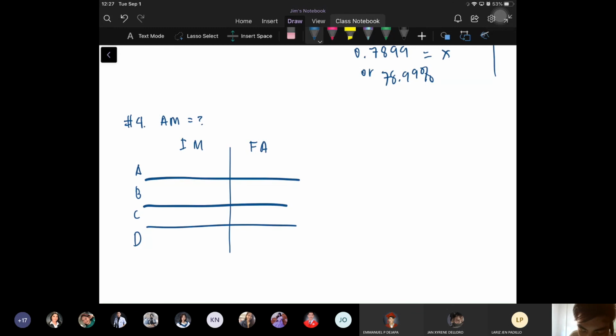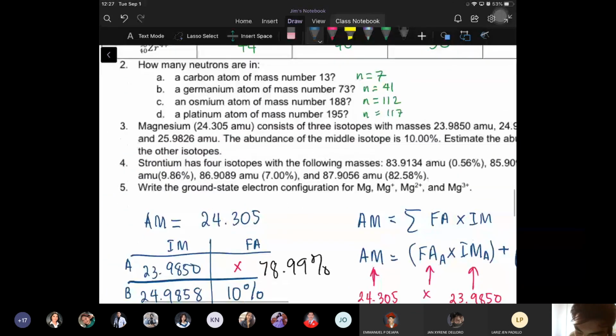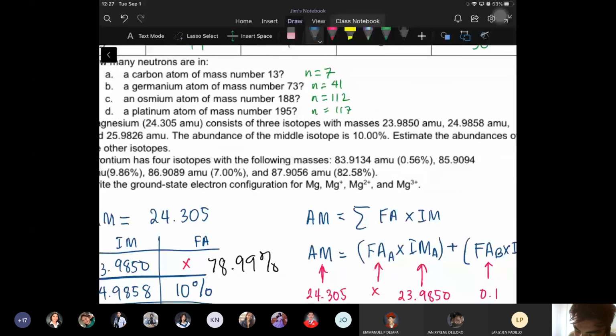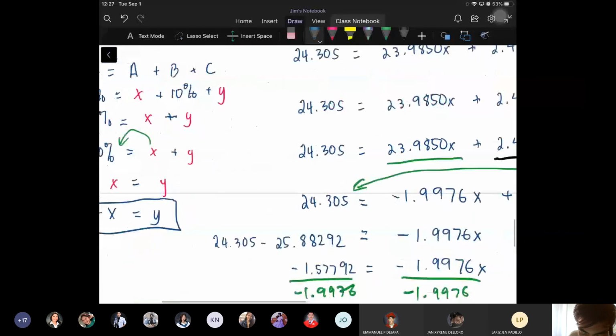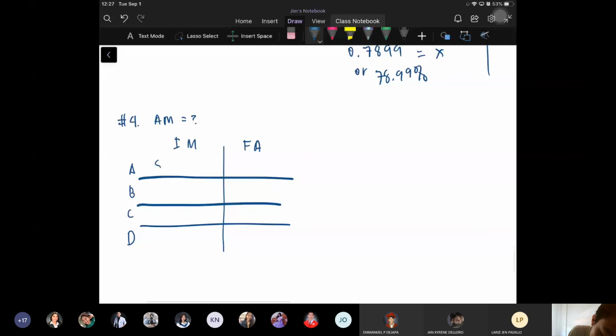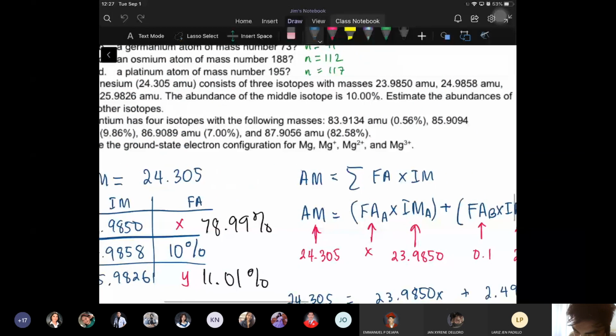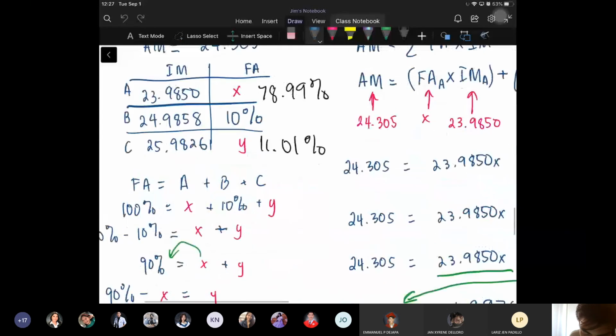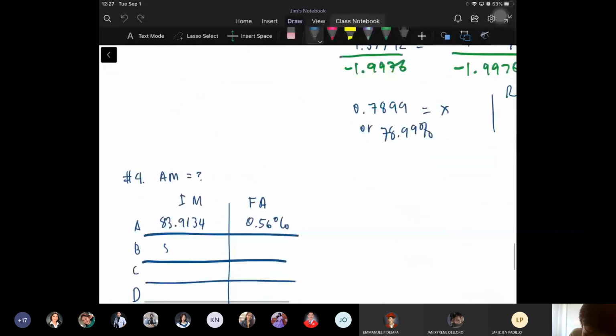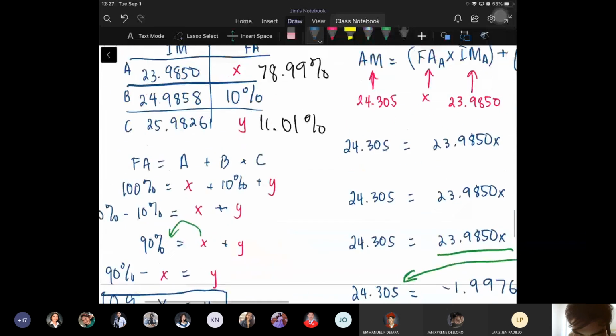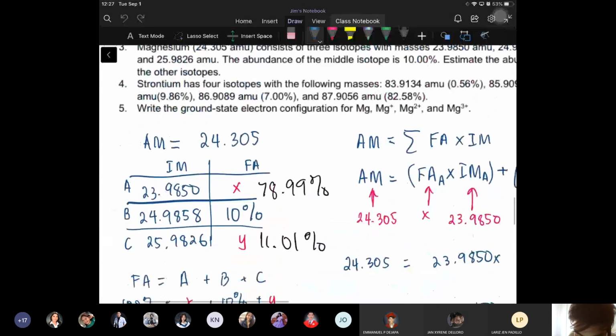Buhayin natin yan. Ayan. So, the isotope masses and abundances are 83.9134 with 0.56%. Okay. 85.9094 with 9.86%.